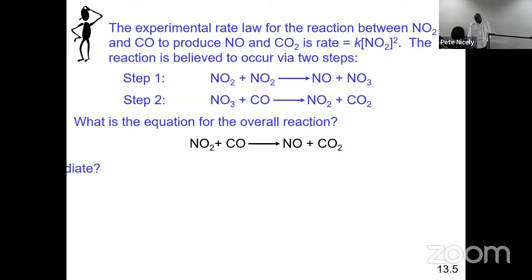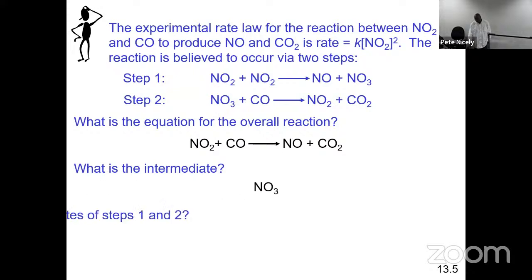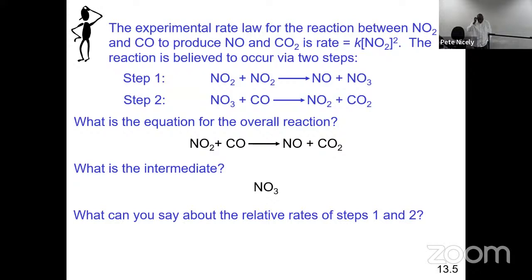All right. What is the intermediate? NO3. All right. And here's an important question, and this will show whether or not you have learned what we just talked about. What can you say about the relative rates of steps 1 and 2? Let me give you a hint.